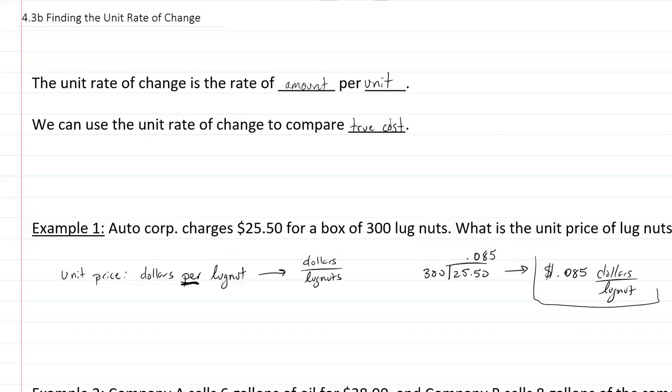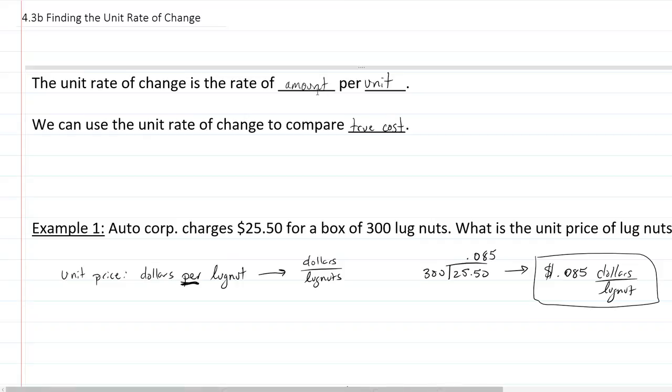This is the unit price of lug nuts from AutoCorp. It is 8.5 cents per lug nut. Why is this important? Well, we might want to know if a competitor has a better deal. Let's look at an example where we have to consider two competitors and see which is offering the better deal.